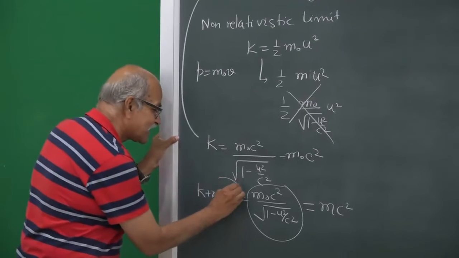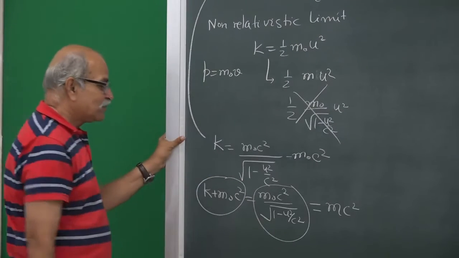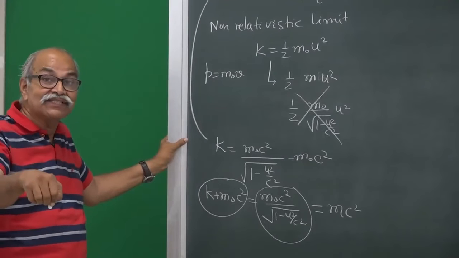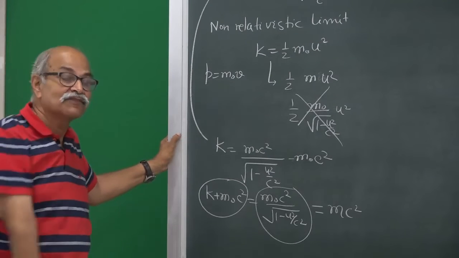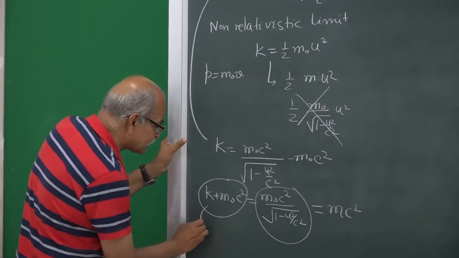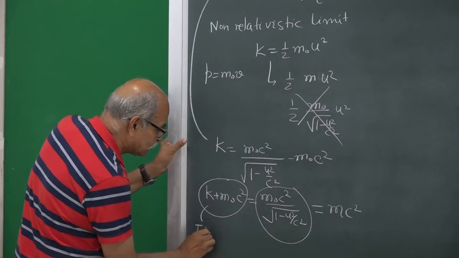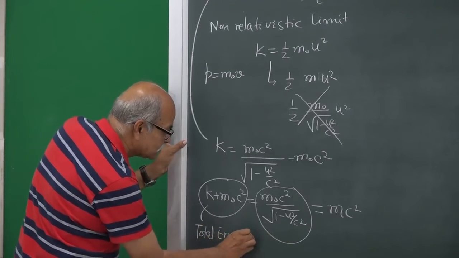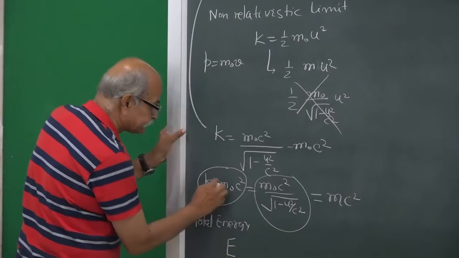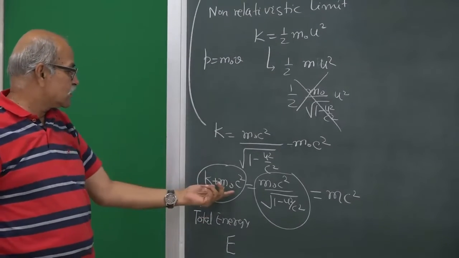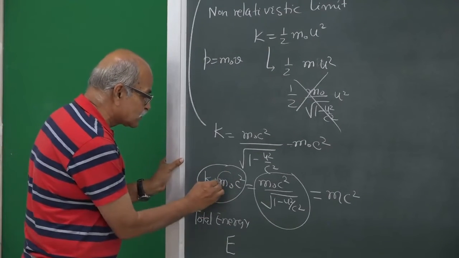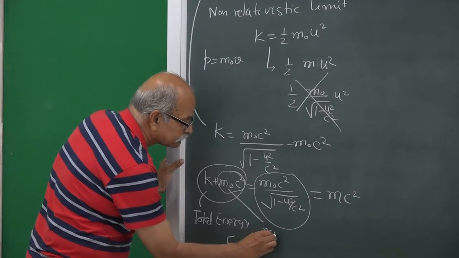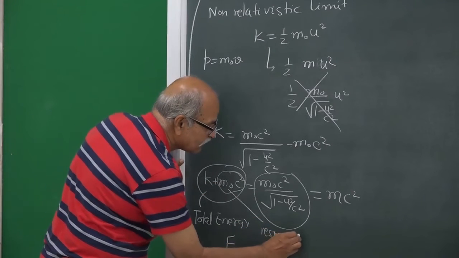And this quantity, kinetic energy plus m naught c square, this we define as, we define another physical quantity, as total energy, we call it total energy and use the symbol E for this. This quantity m naught c square is called rest mass energy.